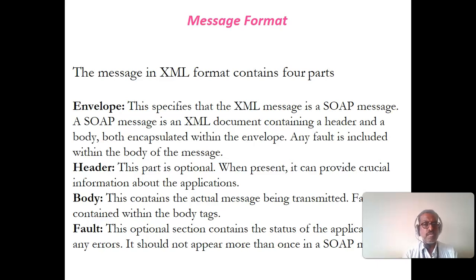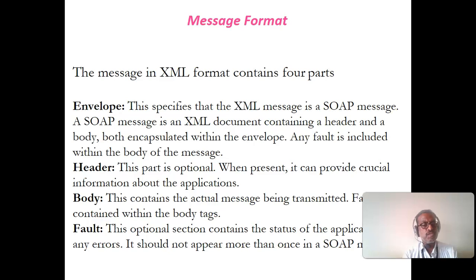I said SOAP uses XML format for the execution of message or exchange of message. The XML format contains 4 parts: envelope, header, body and fault. Envelope specifies that the XML message is a SOAP message, right?